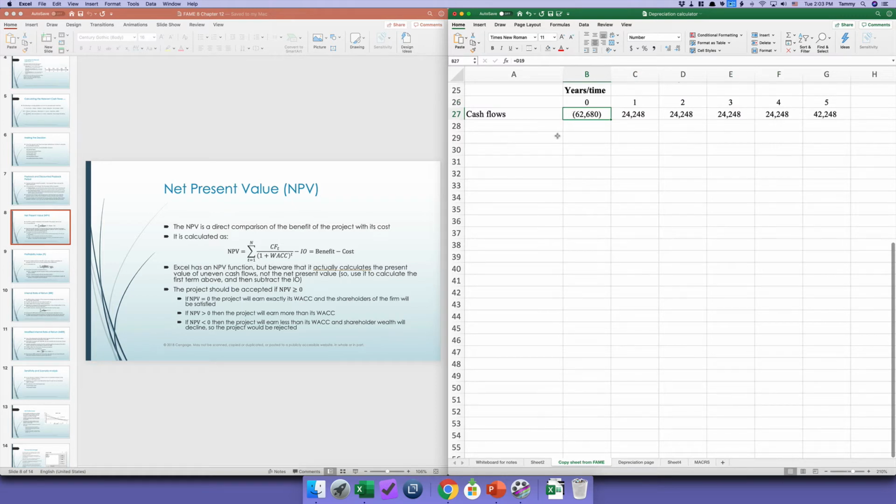Okay, so the benefits are here out in your future times, and the cost is here. Be aware that Excel's NPV function is not technically correct. The reason that we say that is because Excel's NPV is really just designed to take the present value of cash flows that are different from one year to the next.